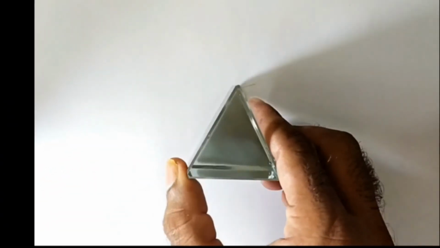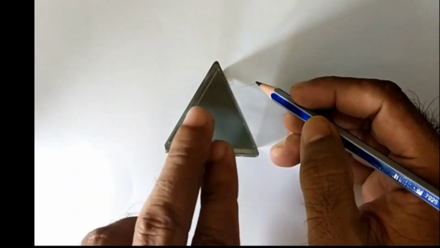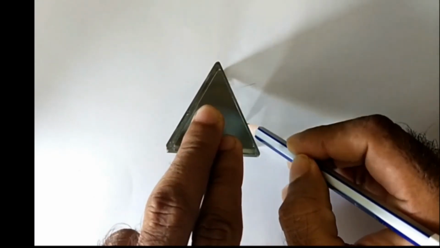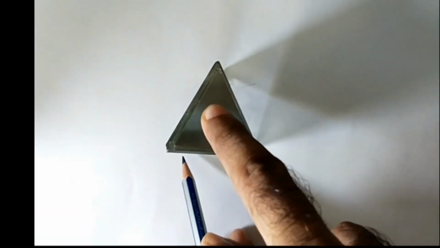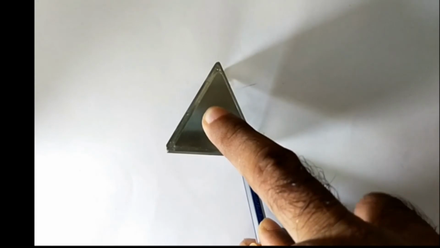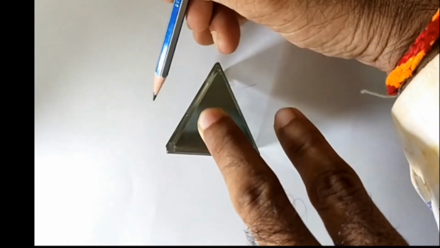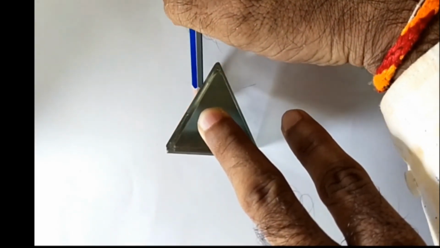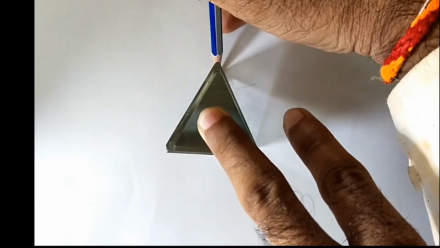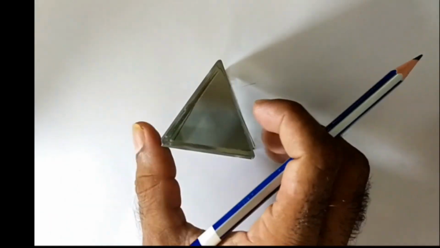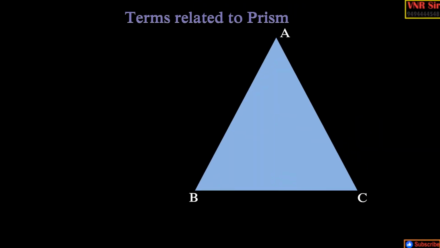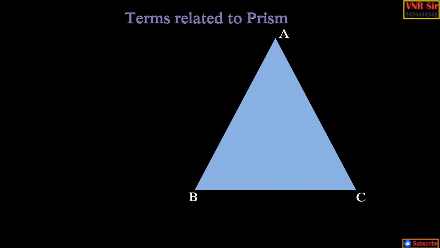Yes. Now let us discuss the general terms related to the prism. When you place a prism on a paper and draw the outlines, you will get a triangle. Here we consider an equilateral prism. Let A, B and C be the vertices of the triangle, and BC is called the base of the prism.